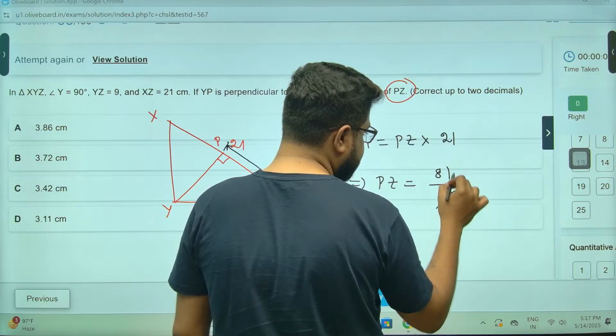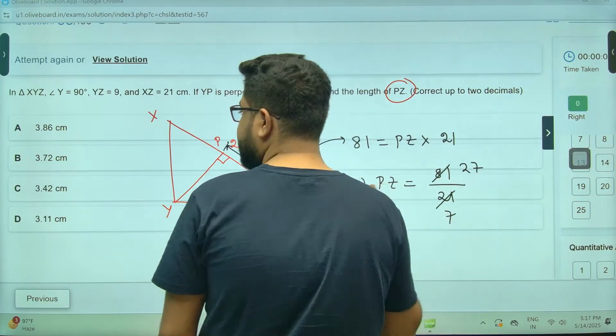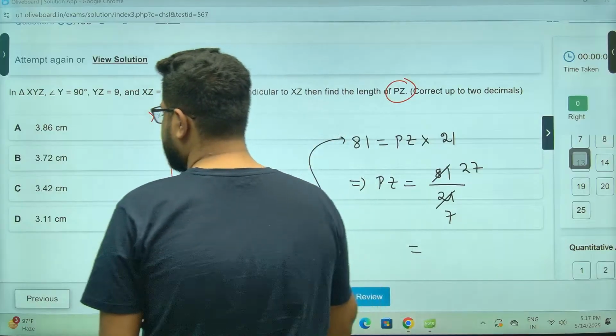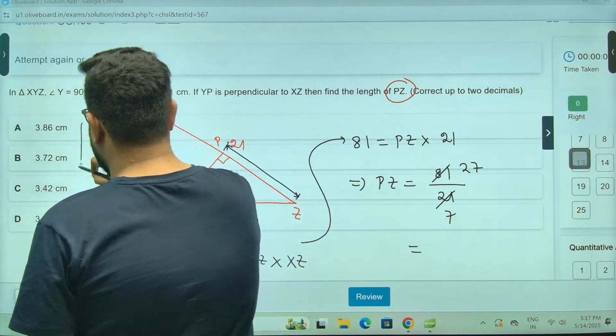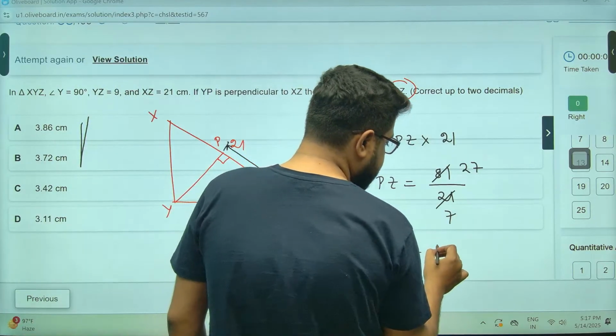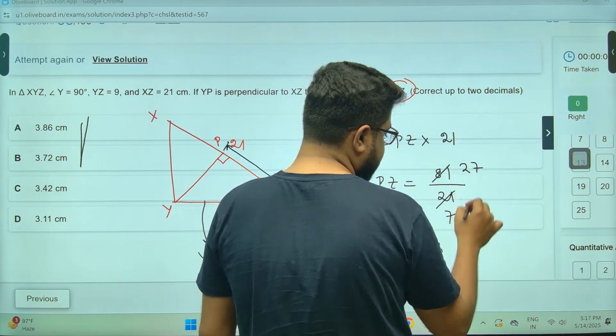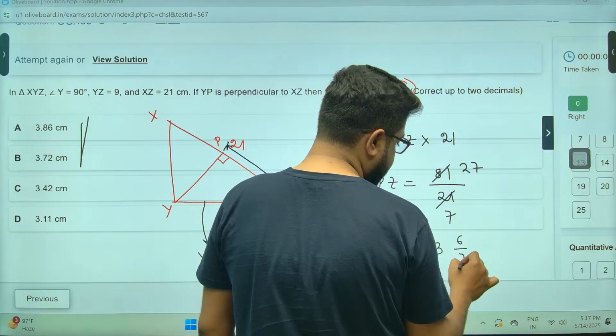Sir, 3 sevens are 21. So 27 by 7, which is 3 and 6 by 7.